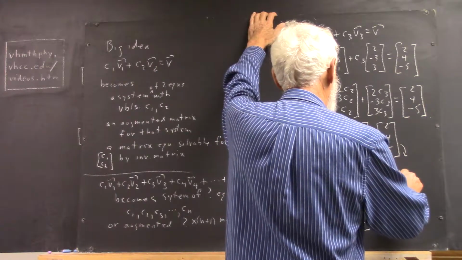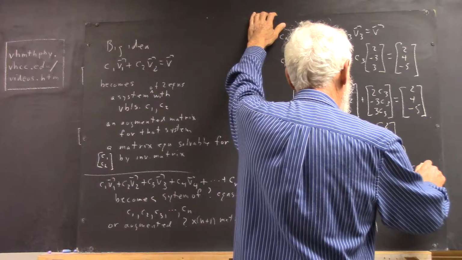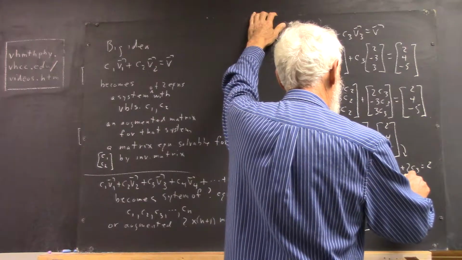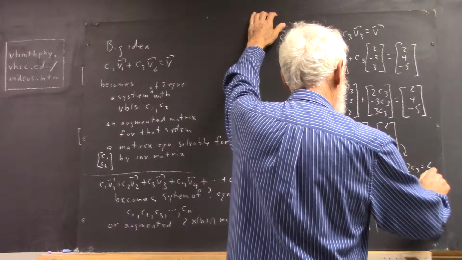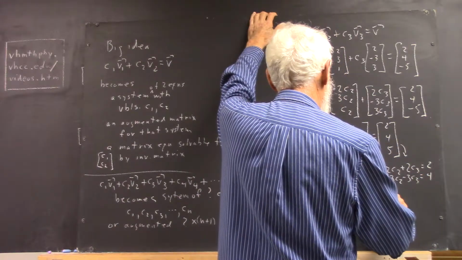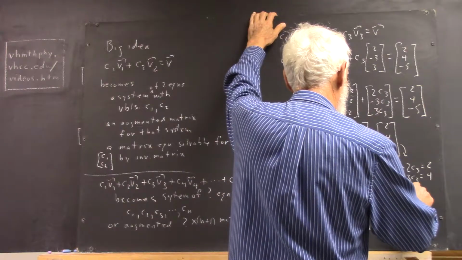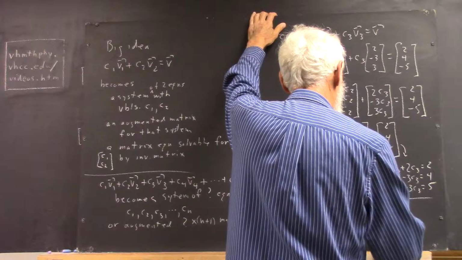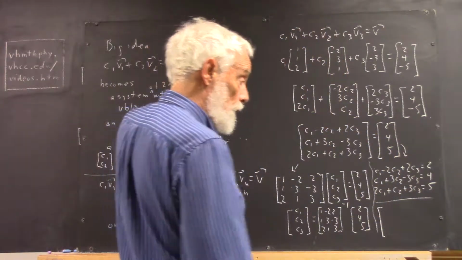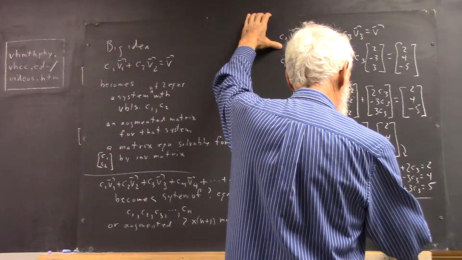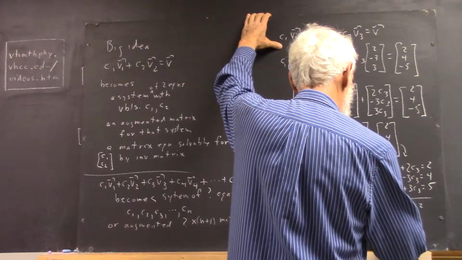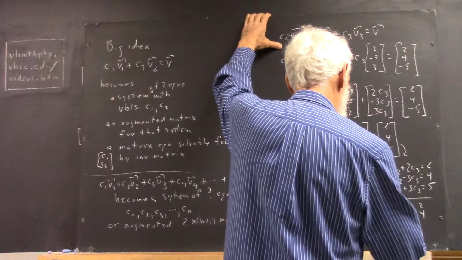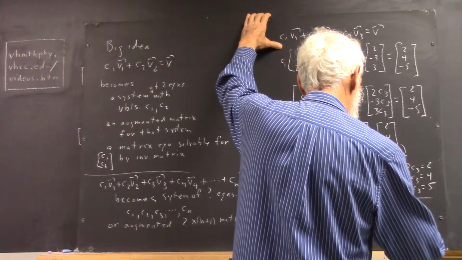Now we could also write, of course, this as the system. C1 minus 2C2 plus 2C3 equals 2. C1 plus 3C2 minus 3C3 equals 4. 2C1 plus C2 plus 3C3 equals 5, which is equivalent to the augmented matrix 1, negative 2, 2, 2, 1, 3, negative 3, 4, 2, 1, 3, 5.